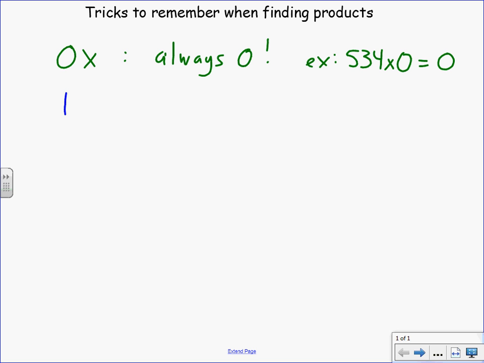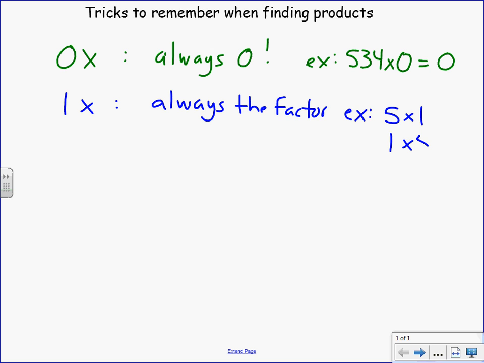What if you do 1 times something? Well, 1 times something is going to give you directly the other factor. So for example, if you want to do 5 times 1 or 1 times 5, this is a factor, this is a factor.